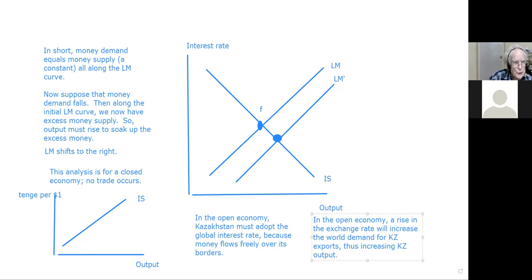And then the other change in the open economy is that the LM function is the same amount for any exchange rate, just the policy of the National Bank.